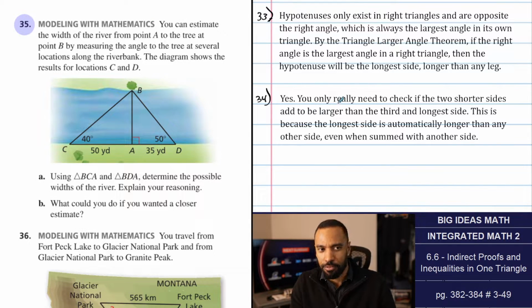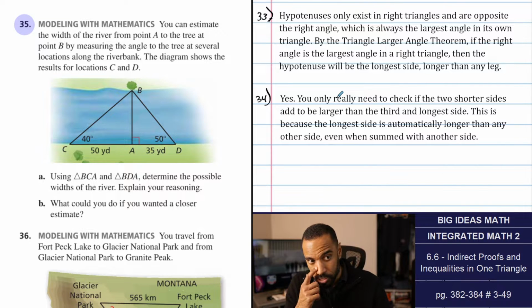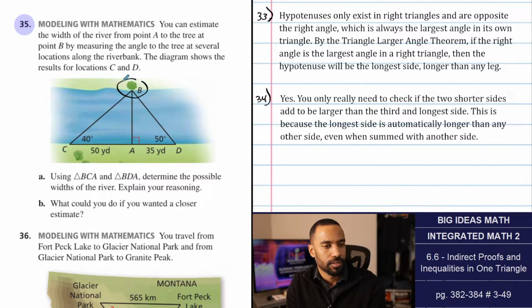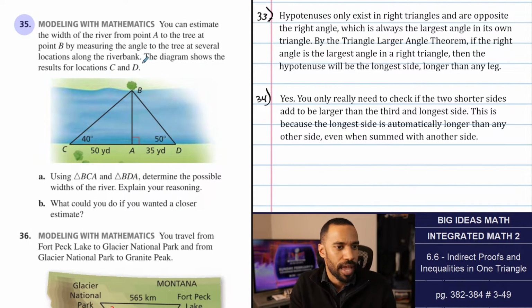Number 35, modeling with mathematics. You can estimate the width of the river from point A to the tree at point B by measuring the angle to the tree at several locations along the riverbank.